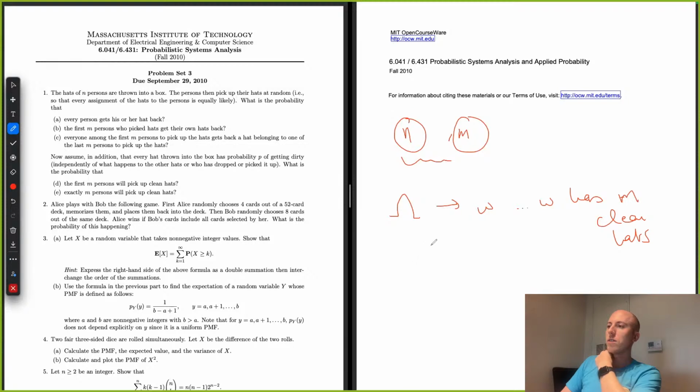So what's the probability of this individual thing happening? Well, we don't know the order, but we know that there are M clean hats.